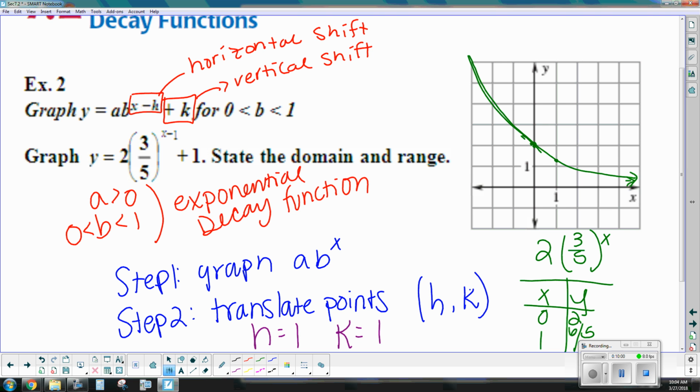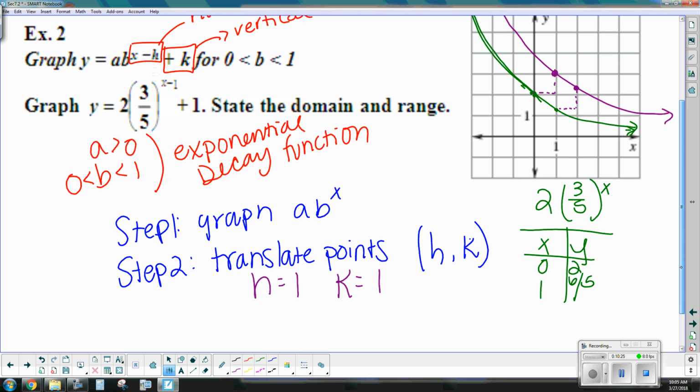So we're going to translate this graph, each point, 1 unit to the right and 1 unit up. And then we're going to draw our new graph. Then we can state the domain and the range.